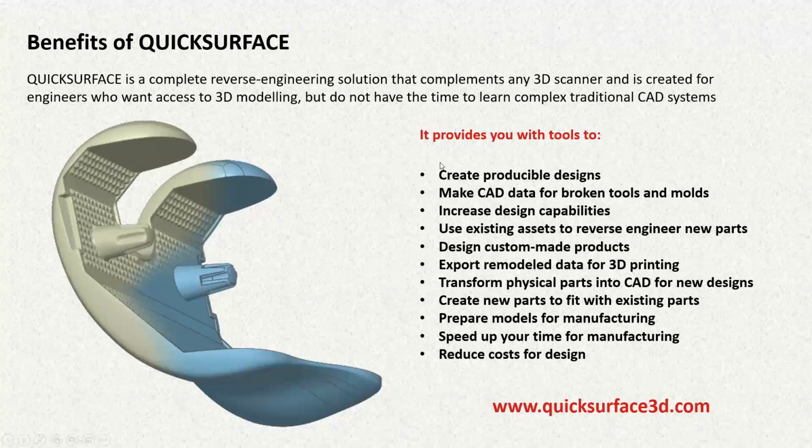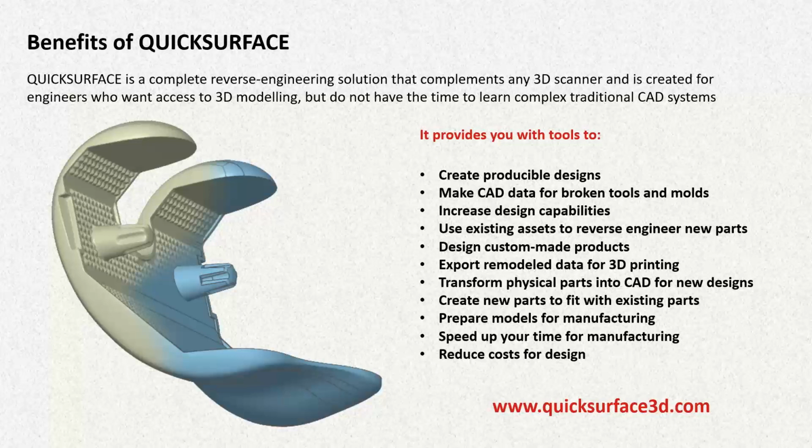What are the benefits of QuickSurface? As you saw in my demonstration and a simple example, you can apply this on broken tools and molds. You can control your process at any point to have the best design intent. You can use QuickSurface to resurface something which is handmade, for example, created from clay.